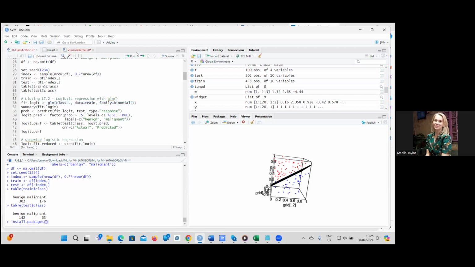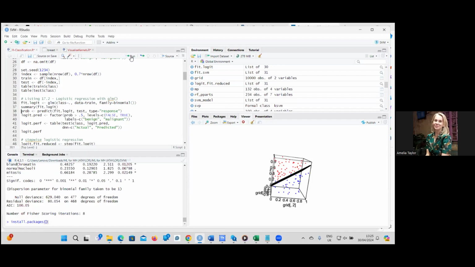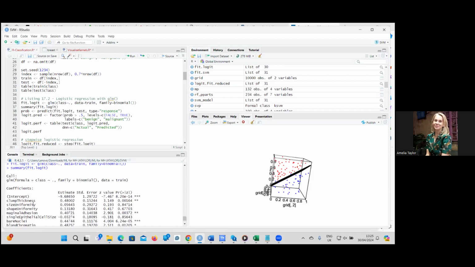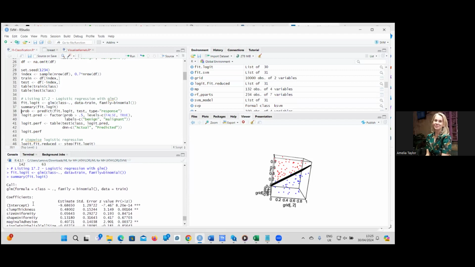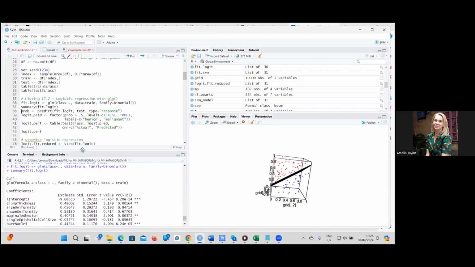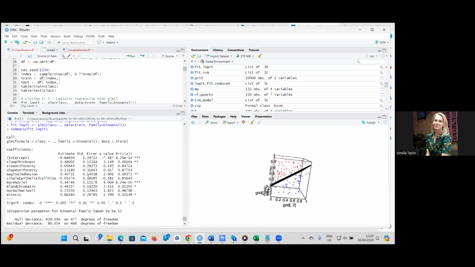You can look at the accuracy to see what's the accuracy of your logistic regression. So this gives you information about the significance of each of these variables and how they contribute to your data, to your class, to predicting the class, basically.